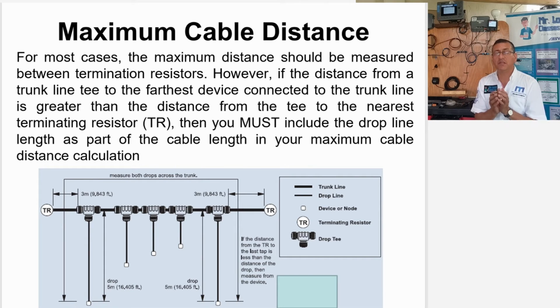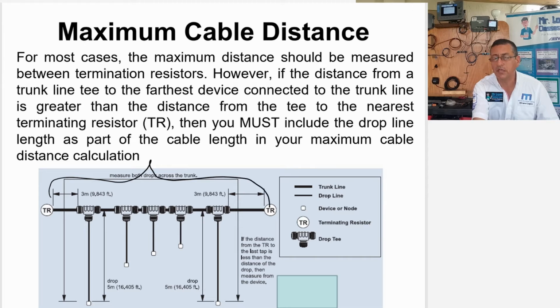However, if the distance from the trunk line T to the farthest device connected to the trunk line is greater than the distance from the T to the nearest terminal resistor, you need to add it. Okay, let me explain that situation. The maximum distance should be the distance between this point and this point, in between both terminal resistors.